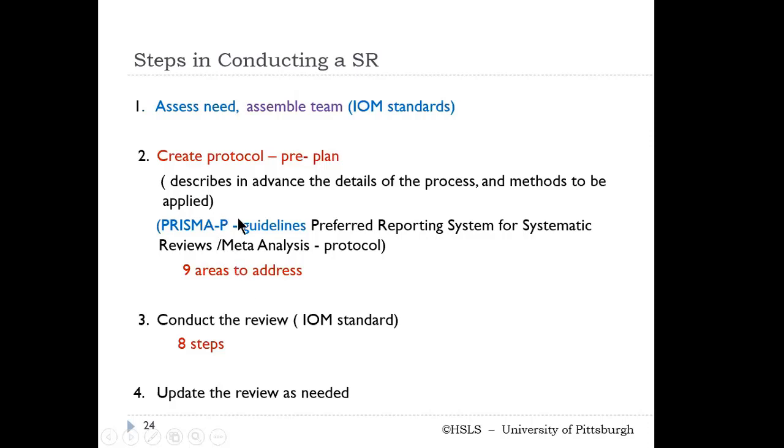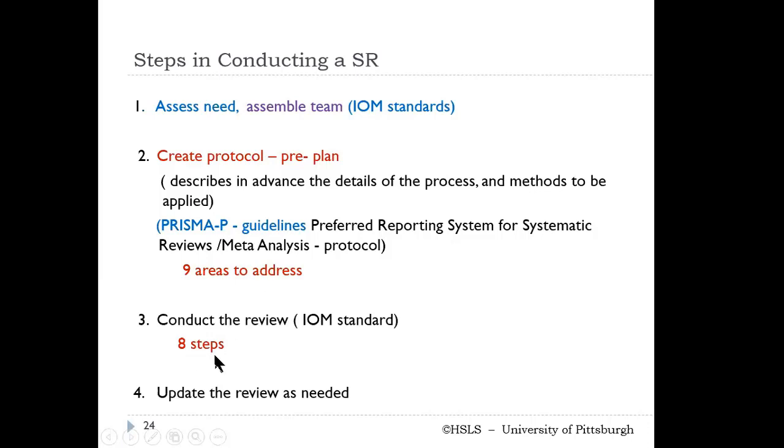And then after creating the protocol, the third phase is to conduct the review. Again, standards are there. You need to follow the standards, and you just follow the protocol. And again, the 9 areas are from these 8 steps.